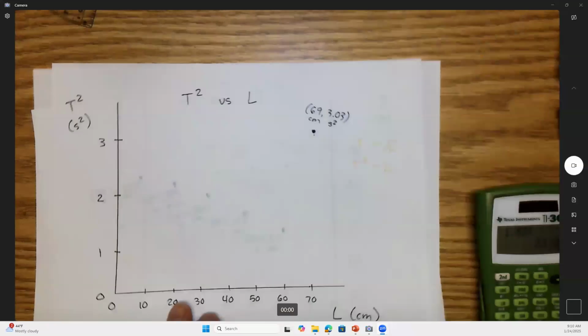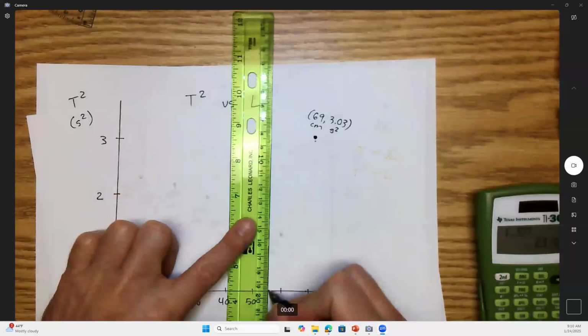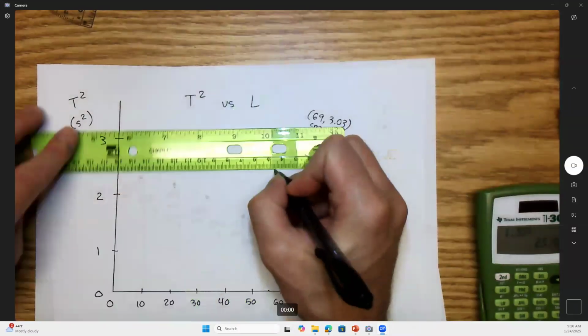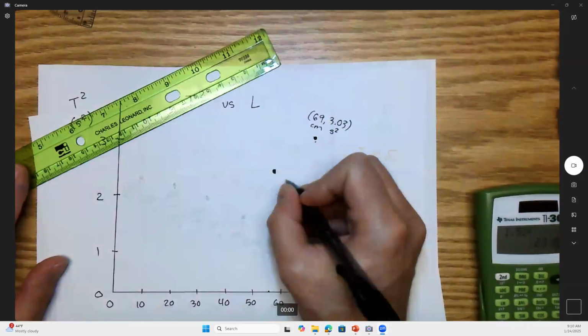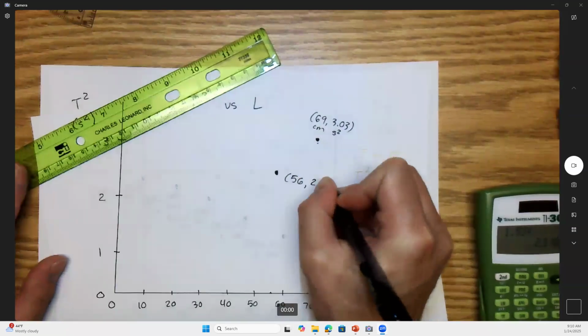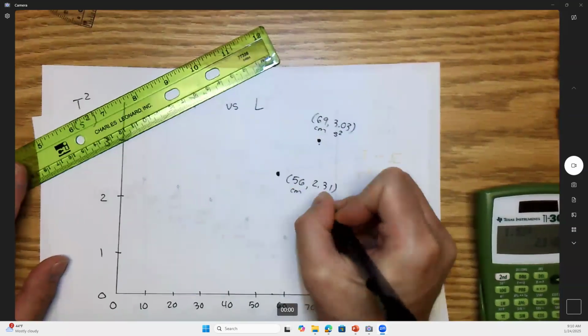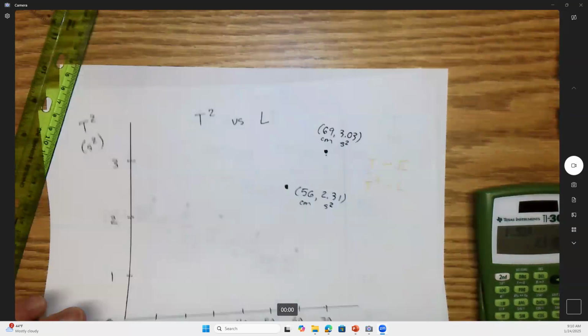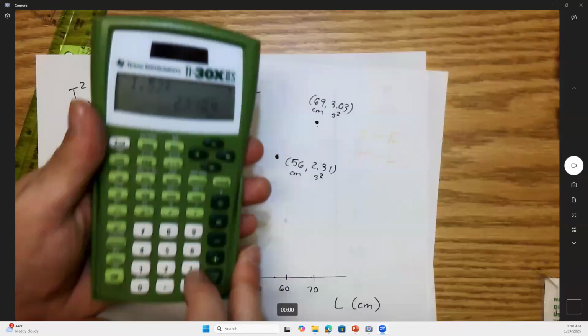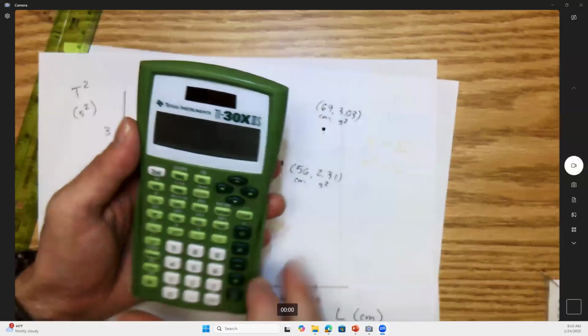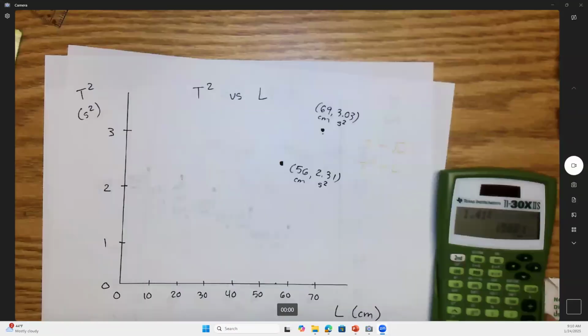So 56, 2.31. So this is centimeters, square seconds. Next, 45, 1.41. 1.41 squared is, of course, almost 2, about 1.99.